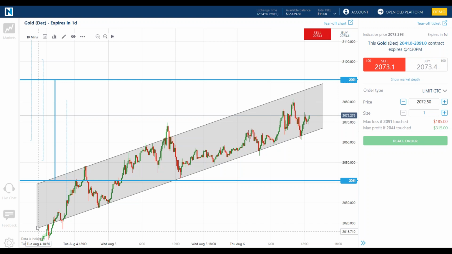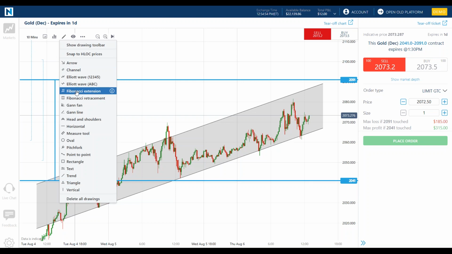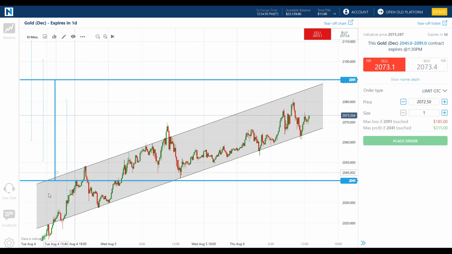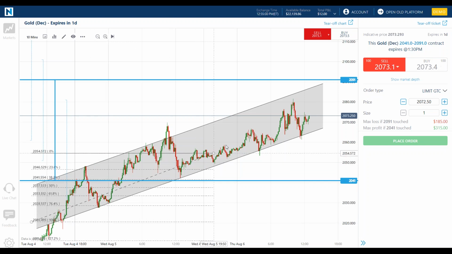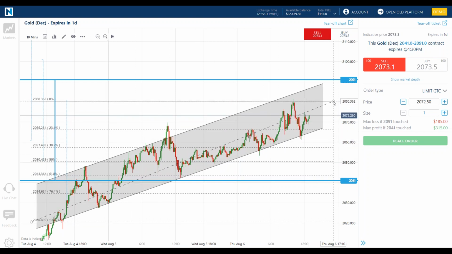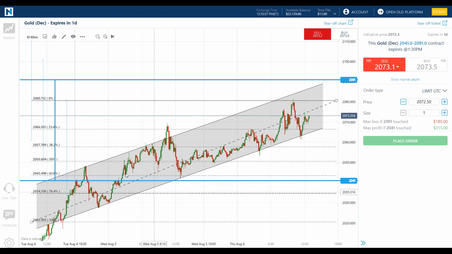You know what? Actually, I want to do that right in the middle. I'm going to click on the Fibonacci retracement. I'm going to click on the bottom left-hand corner of the trend, drag it through the trend to the upper right-hand side, and when I click, it's going to give me these percentage levels where you would, in theory, see some support or resistance.